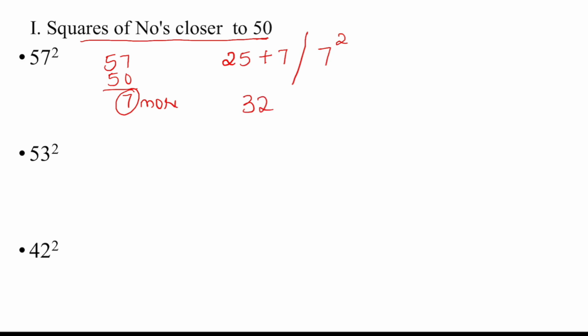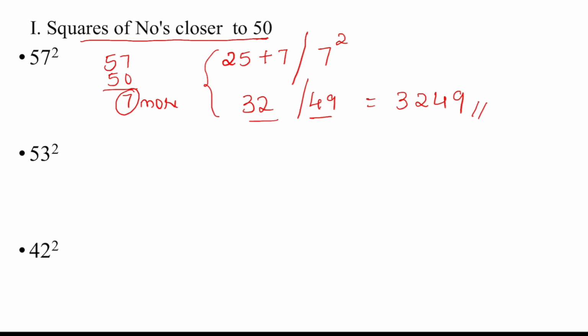Only 2 digits, so join these two: 3249. So 57 square is 3249. Within 2 simple steps we got the answer.